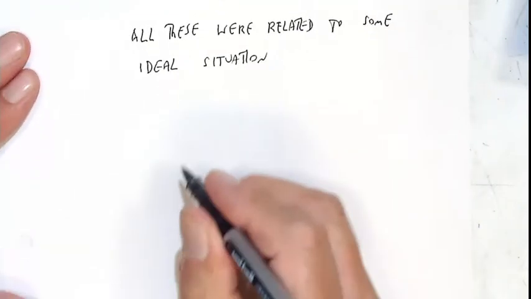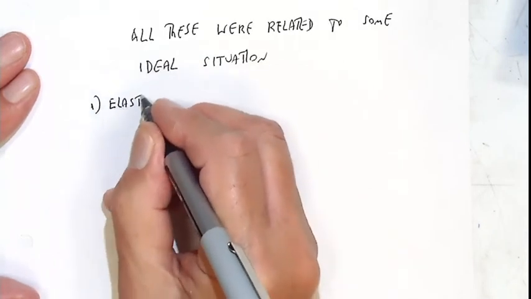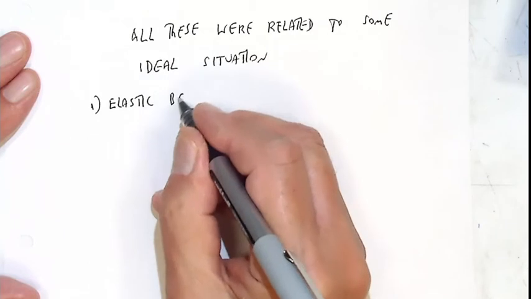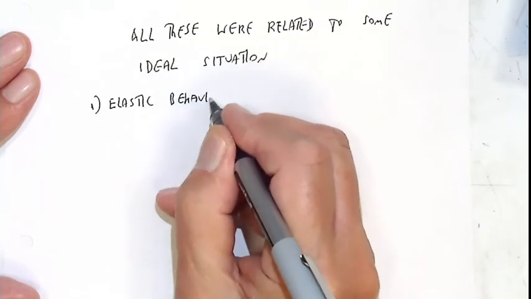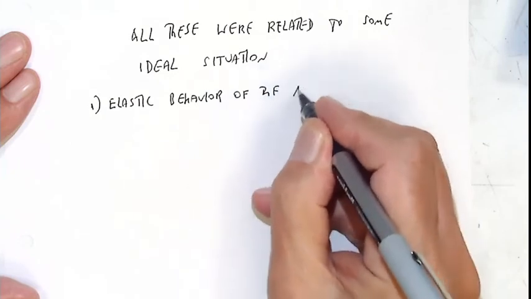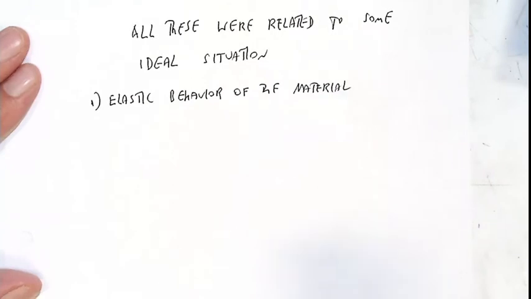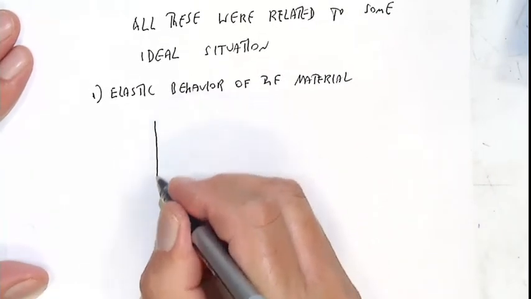What is this? One, elastic behavior of the material. What is elastic behavior of the material?